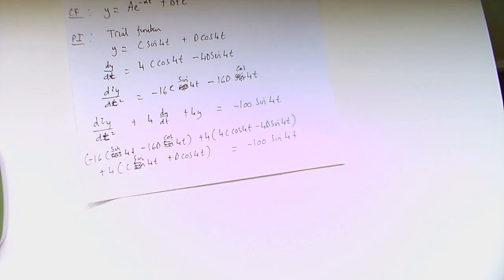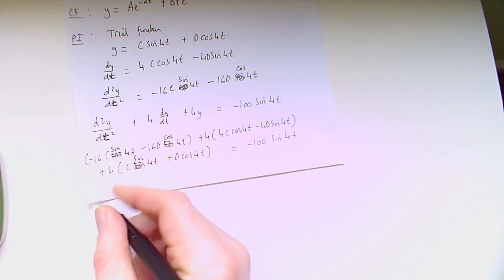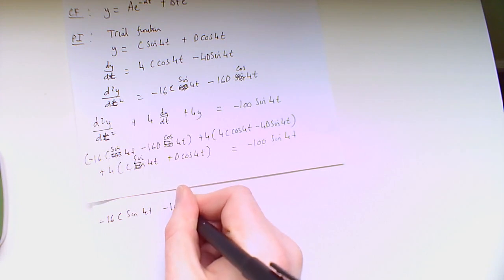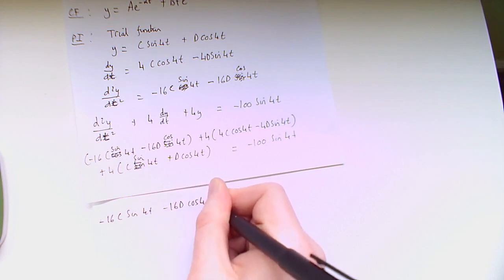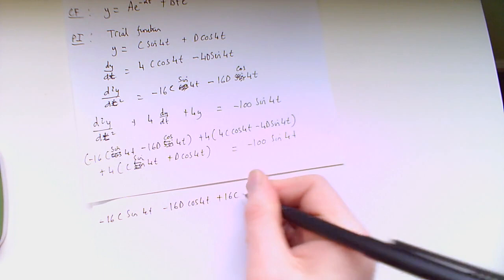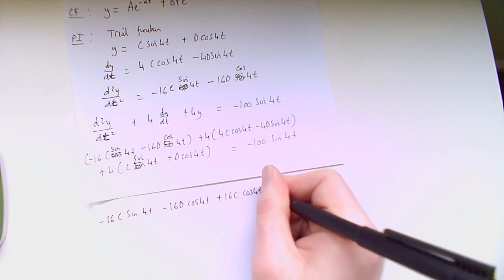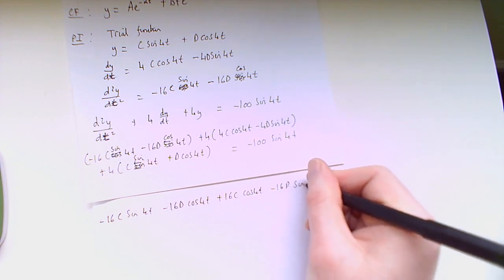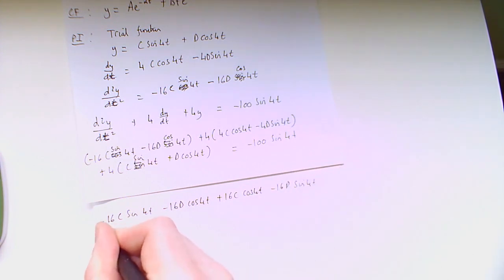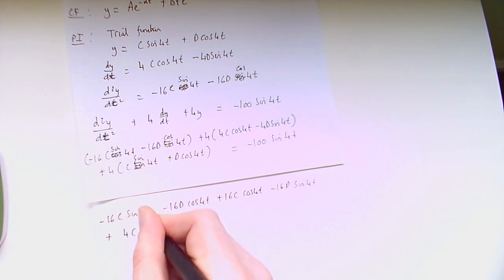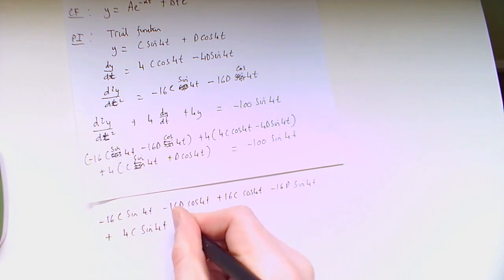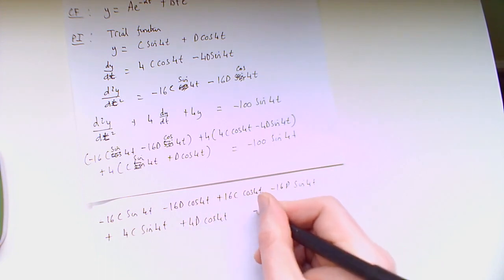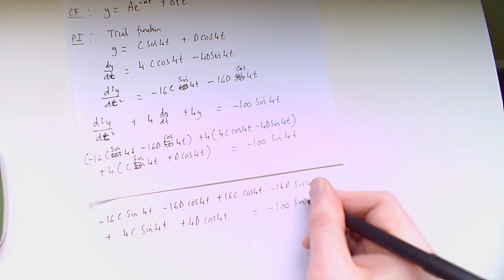So I've got negative 16c sin 4t take away 16d cos 4t plus 16c cos 4t, take away 16d sin 4t plus 4c sin 4t plus 4d cos 4t equals negative 100 sin 4t.